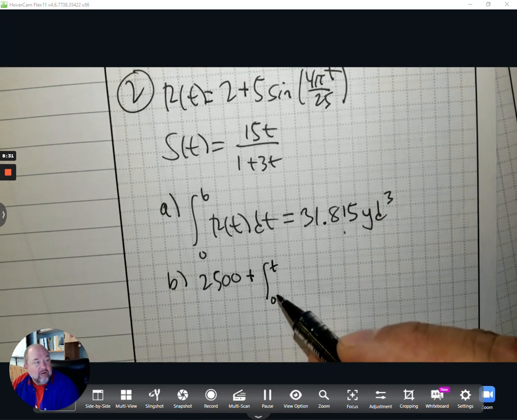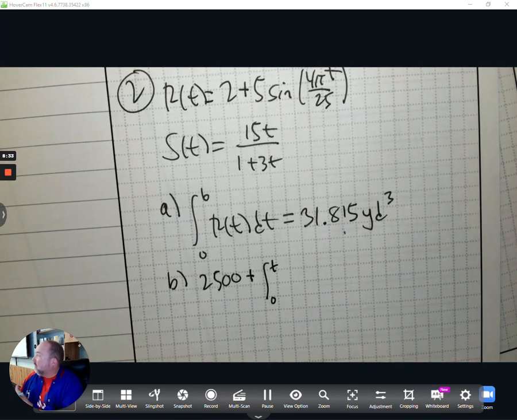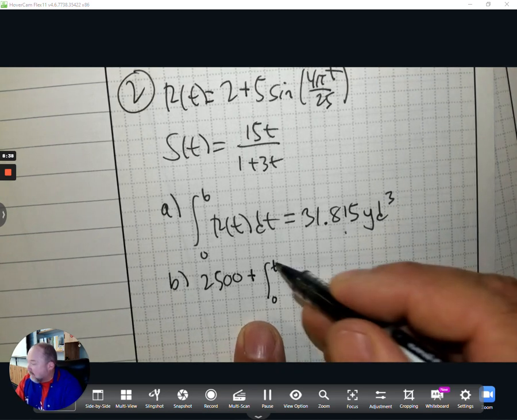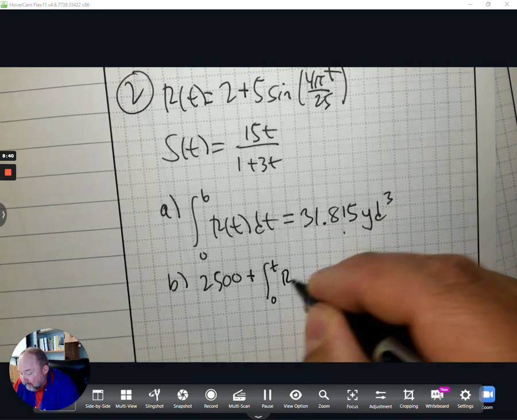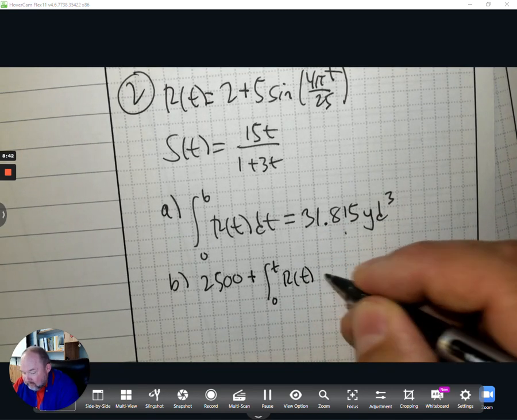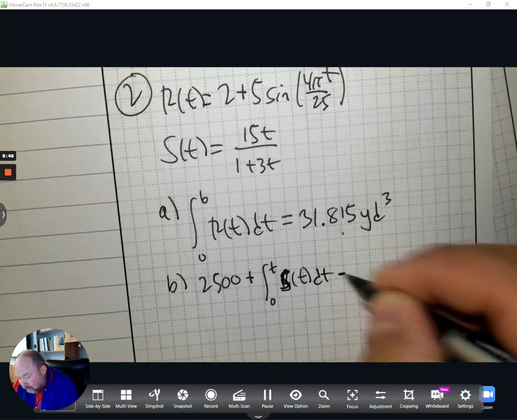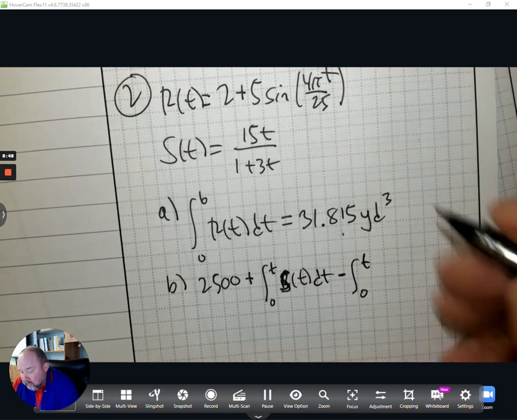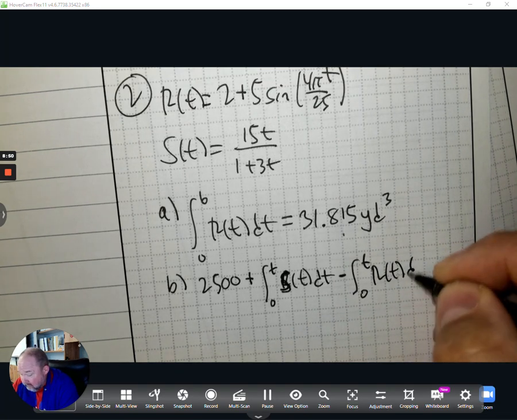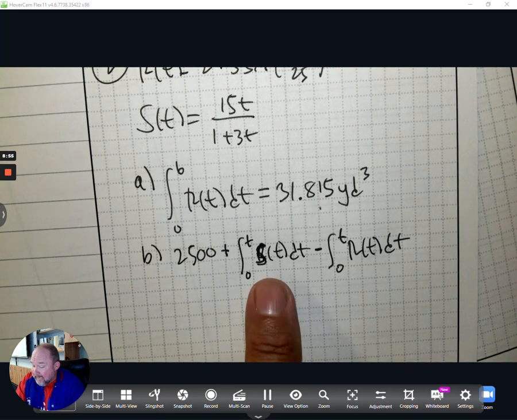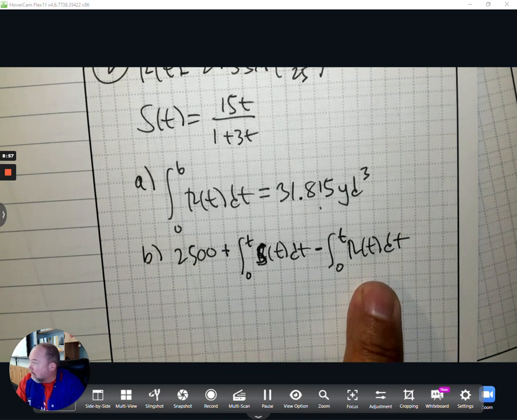Now, 0 to t means, if you just want any number from 0 to 6, you would integrate from 0 to whatever that number is. We're adding the part that's adding. Oh, sorry, that's not R, it's S. And then subtracting the part that is removing. And that's it. Just an expression to understand, did you start with it? Are you adding and then subtracting what's being removed? That's it.